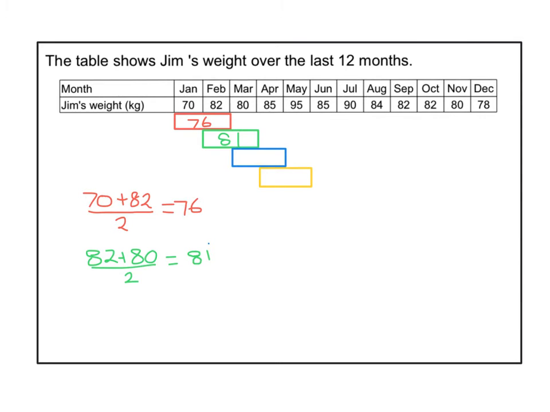The next one. So we've got 80 plus 85. And divide by 2 again, because there's two numbers there. 80 plus 85 divided by 2, and we get 82.5.